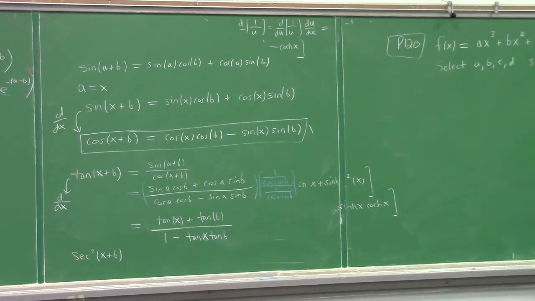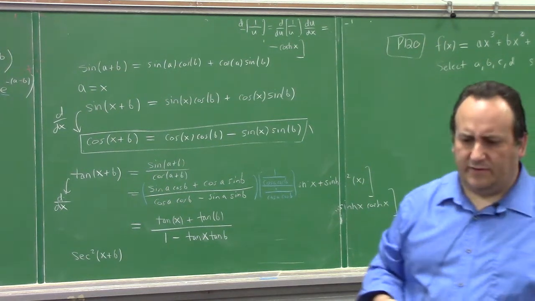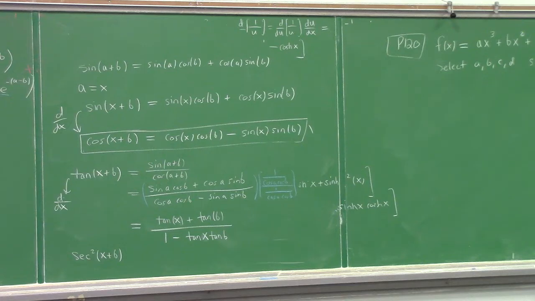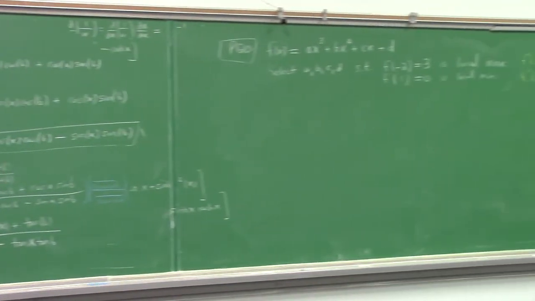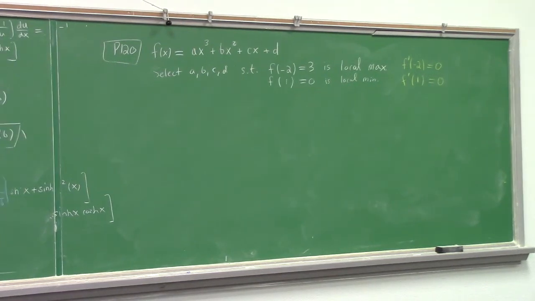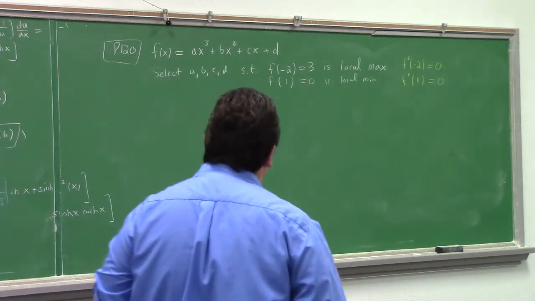Was it Fermat's theorem? It said that if the derivative exists at a point and it's at a local extremum, the derivative must be 0 at such points. But it's also just common sense that if you have a local max or min, you're at the top or the bottom of the hill, and if the derivative exists there, it's got to be a horizontal tangent.